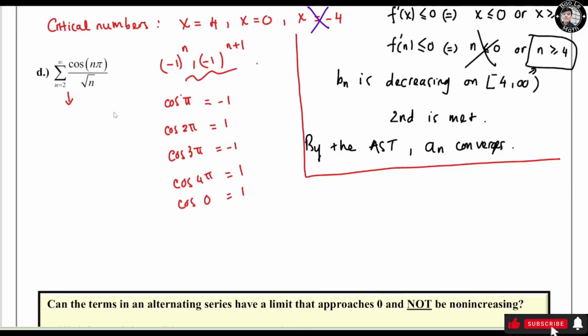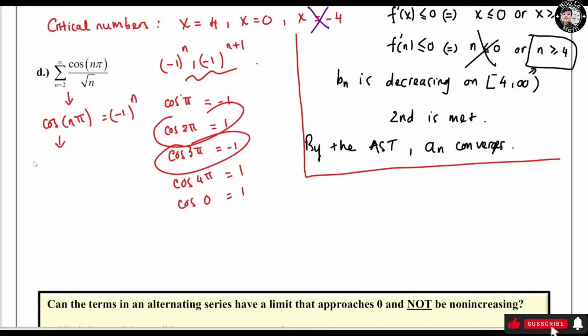So technically cosine of n pi is (-1) to the power n. If n is even, it's going to be positive. If n is odd, it's going to be negative.